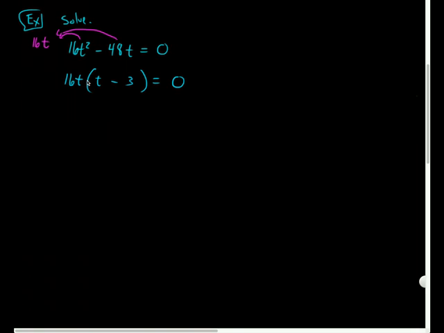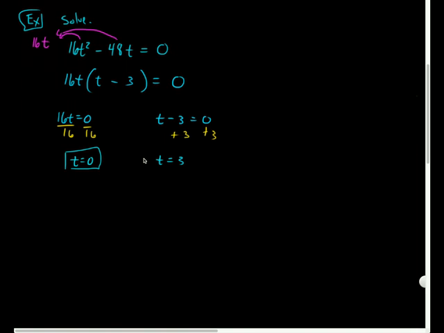So now I do in fact have a times b equals 0, so I can break this up into two cases. Either 16t is equal to 0, or t minus 3 is equal to 0. And now I can solve each of these. So over here I divide by 16, over here I add plus 3 to both sides, and I will end up with t equals 0 or t equals 3.